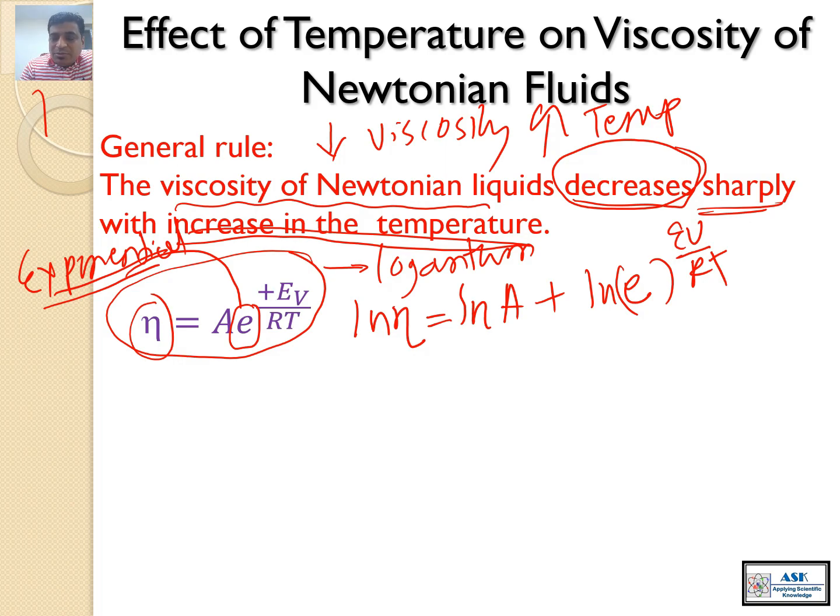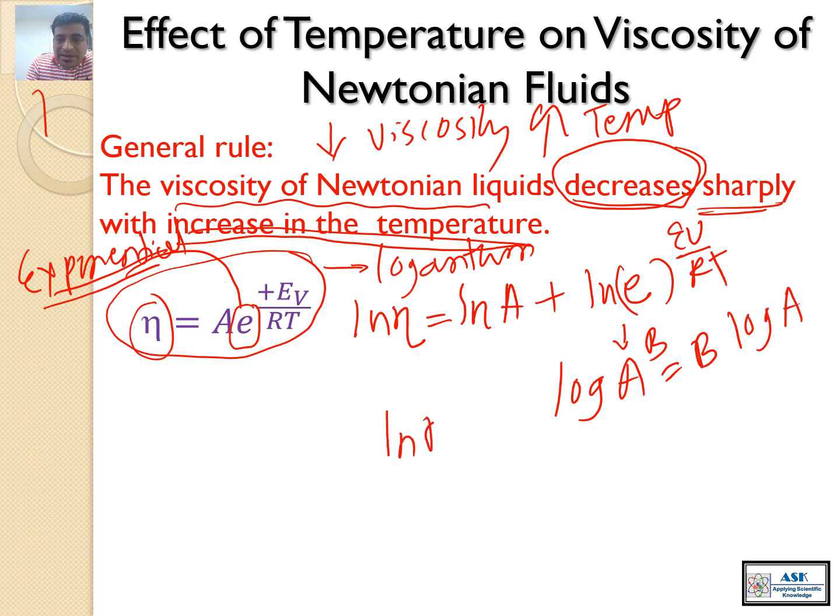Here one of the rules of logarithm comes into the picture: log A of B is equal to B times log A. So we can do that here. ln eta is equal to ln A plus Ev divided by RT times ln e.